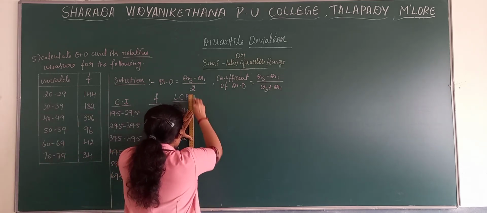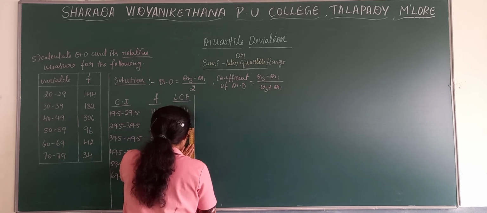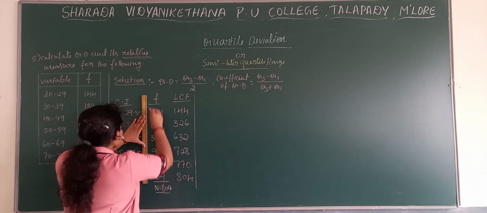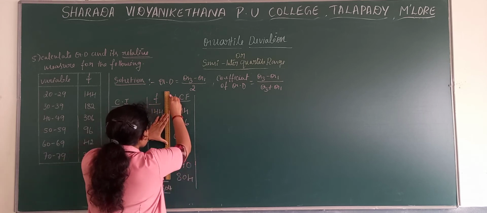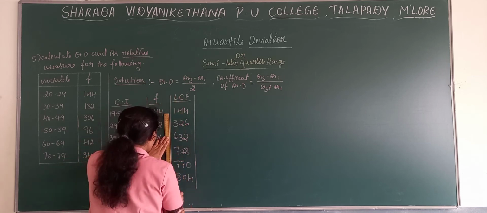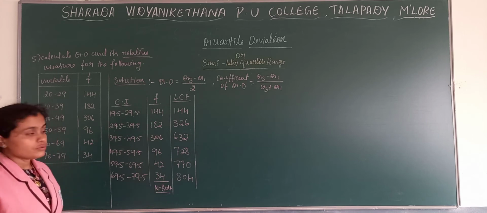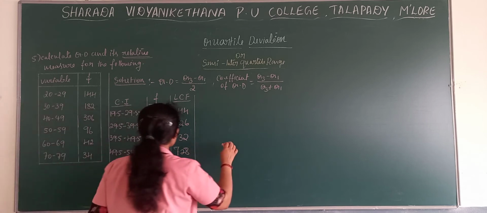Nextly, we need to define the Q1 class and Q3 class. Then based on the classes we need to substitute into the main formula. Now we'll find out the classes.